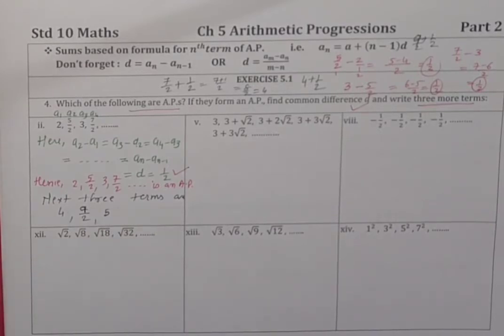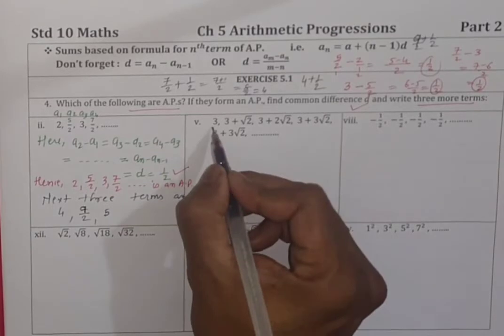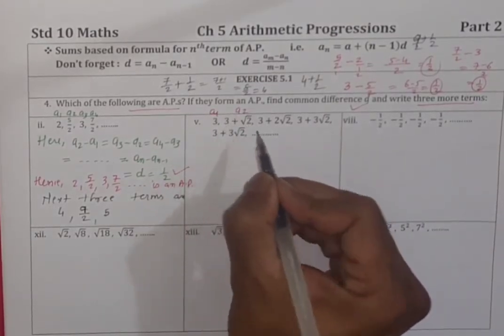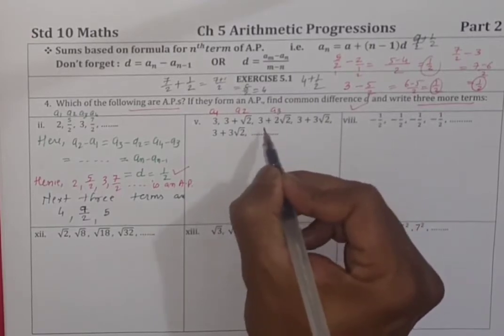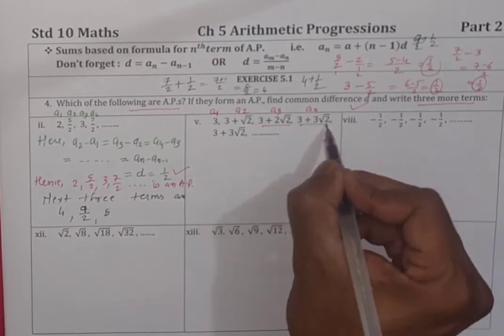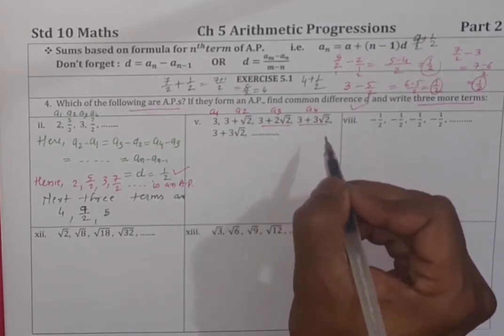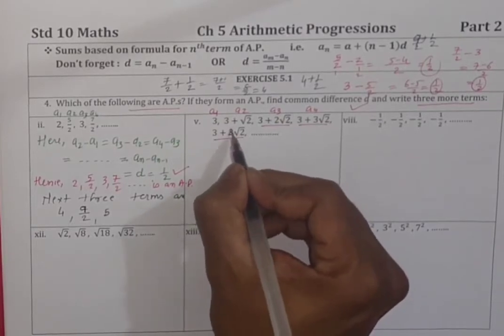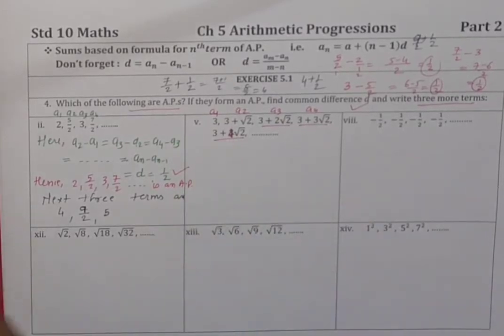Clear children? Okay, next: first term A1 is 3, second term A2 is 3 plus root 2, third term A3 is 3 plus 2 root 2, fourth term of AP is 3 plus 3 root 2 and next is 3 plus, this is 4 root 2 actually. All right, let's see, are they in AP? So just check. Okay, what will you check children?